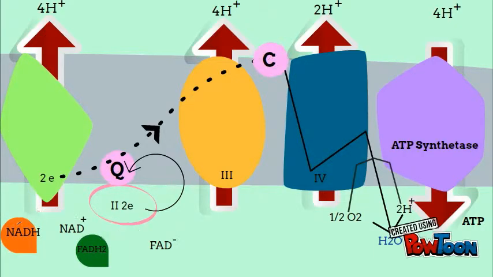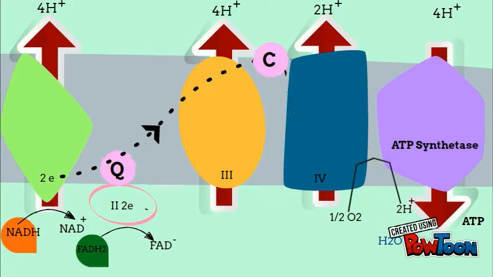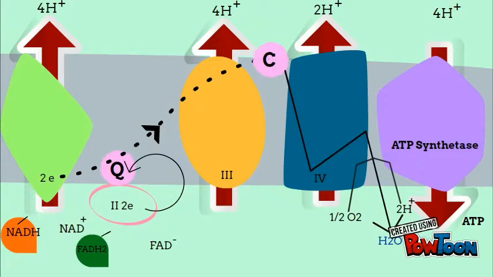The factors involved in the ETC cycle are coenzyme Q10 and cytochrome C complex. The other large protein complex involved is ATP synthase. It is the complex that makes ATP.